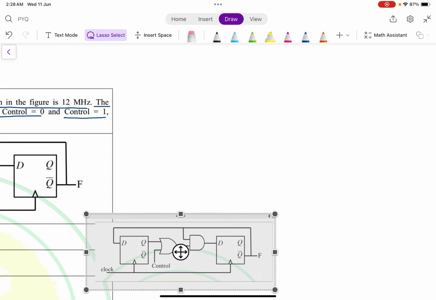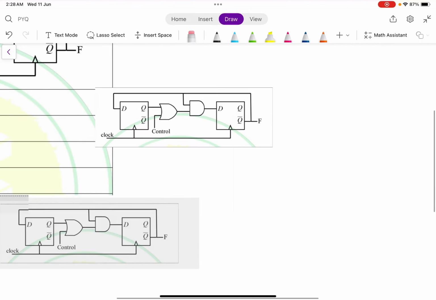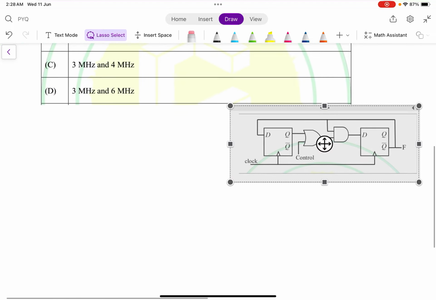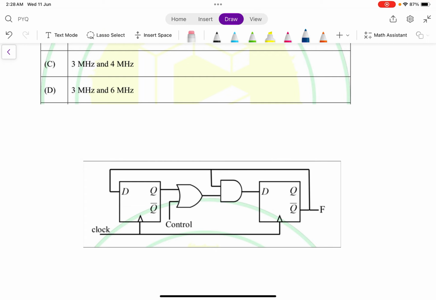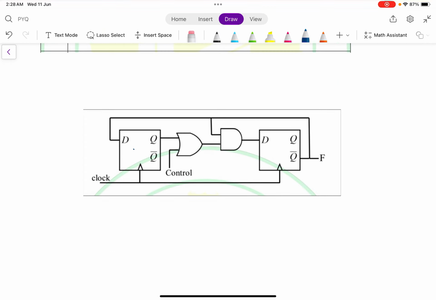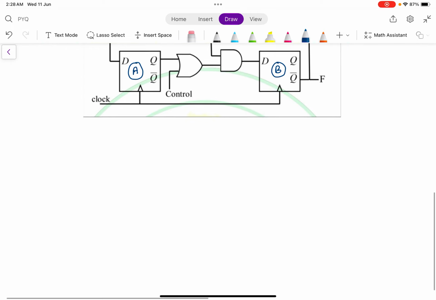There are two flip-flops, A and B. We will label them so that you can better understand. This is the D flip-flop A and this is B. Let's start writing its solution.